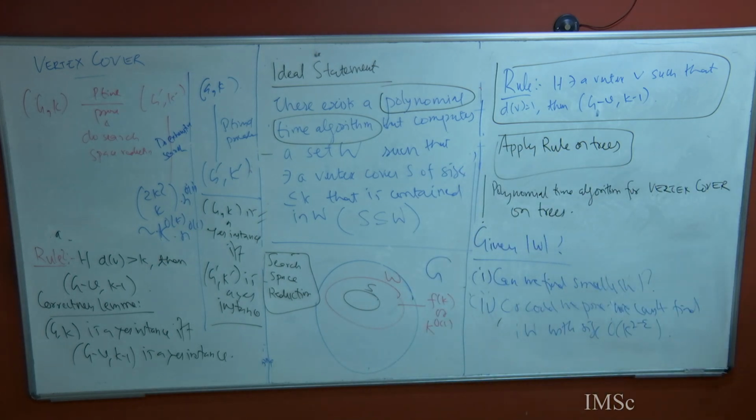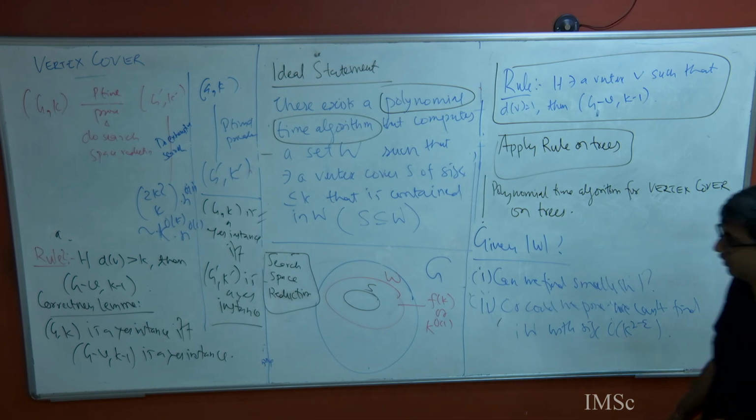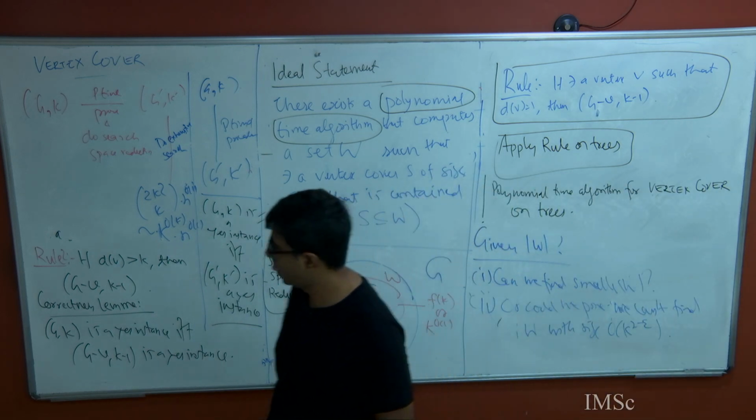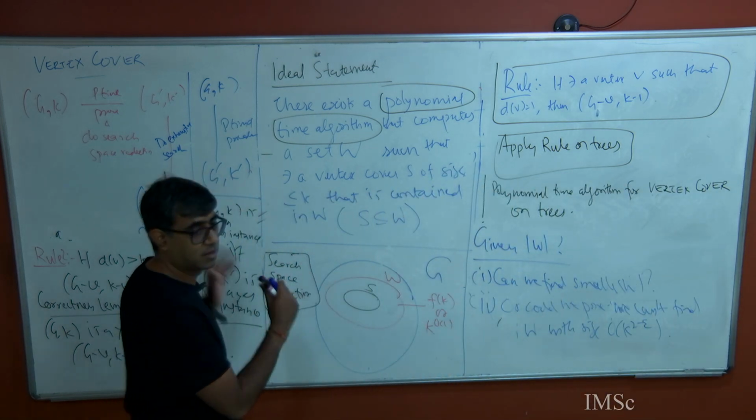These rules are very interesting in themselves: for a large class of instances, if you just apply this rule, you are able to solve the problem in polytime. For example, just by applying this degree 1 rule, we are able to solve vertex cover in polynomial time on trees. Any more questions? That's all that I wanted to say, and next class, we will further explore this direction.